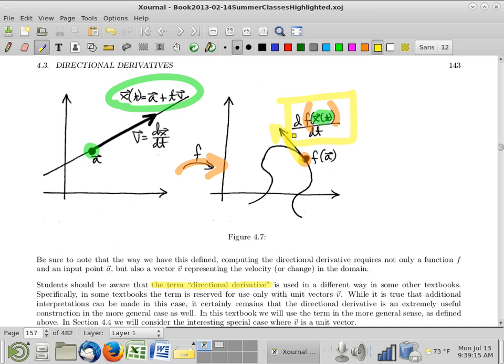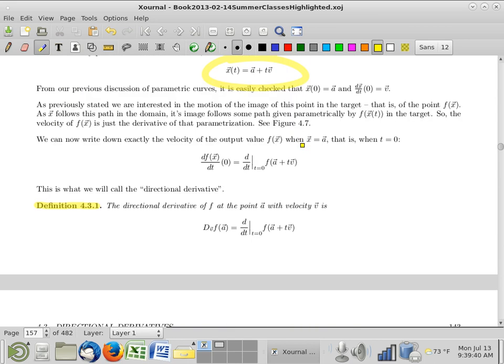I directly construct a scenario matching what I'm given, plug that into the function, and compute its velocity with the derivative. This gives me that velocity vector. That's what we're going to call the directional derivative.